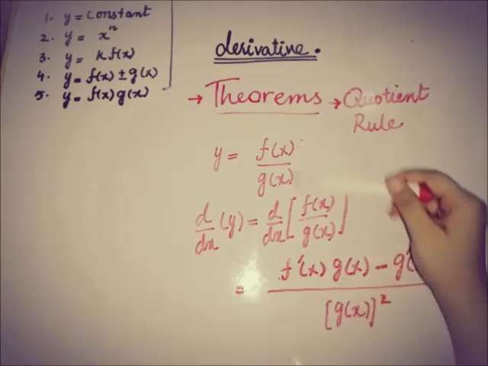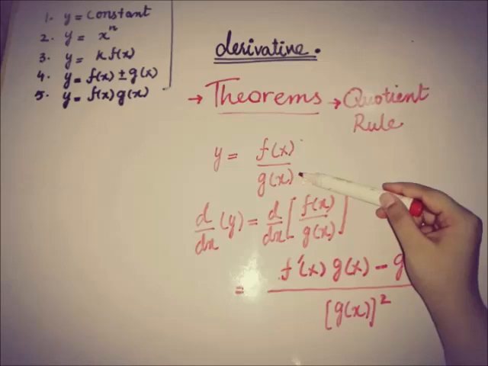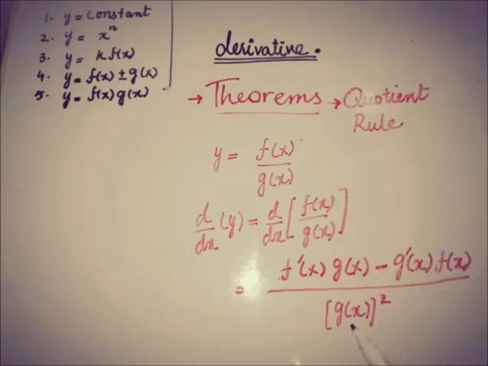The rate of change of the function f of x over g of x is written as the square of the function in the denominator, the rate of change of the function in the numerator, the function as it is in the denominator, minus the rate of change of the function in the denominator, and then its product with the function in the numerator.